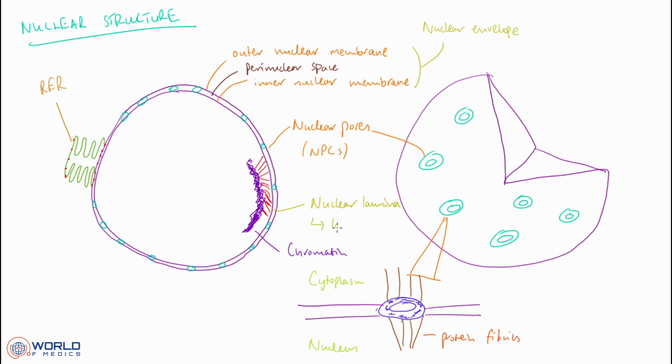And these proteins that we talked about are called lamins. Simple as that. So the purpose of the nuclear lamina is just to give the nuclear envelope, the nuclear membranes, some sort of structure and to hold it together and stop it from collapsing in.